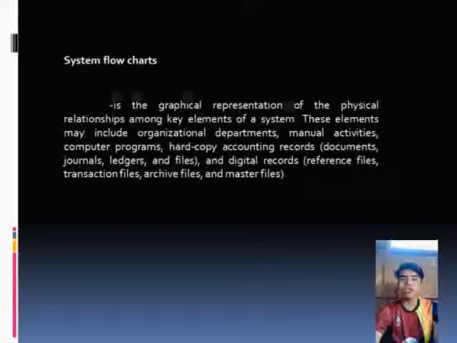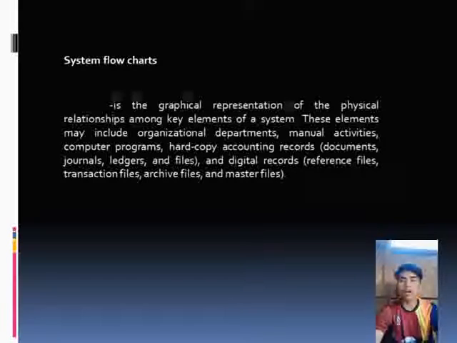System flow charts are a graphical representation of the physical relationships among key elements of a system. These elements may include organizational departments, manual activities, computer programs, hard copy accounting records, and digital records.